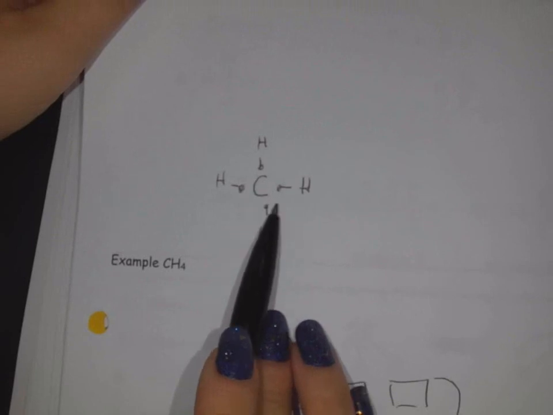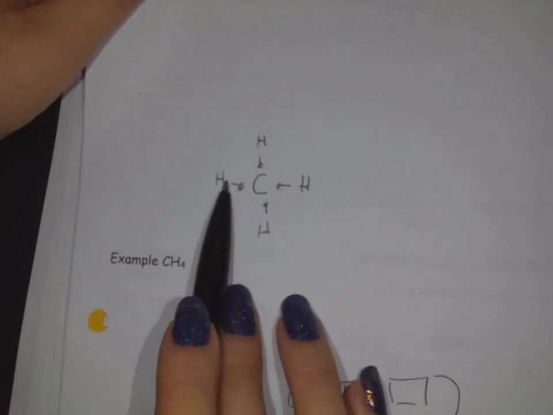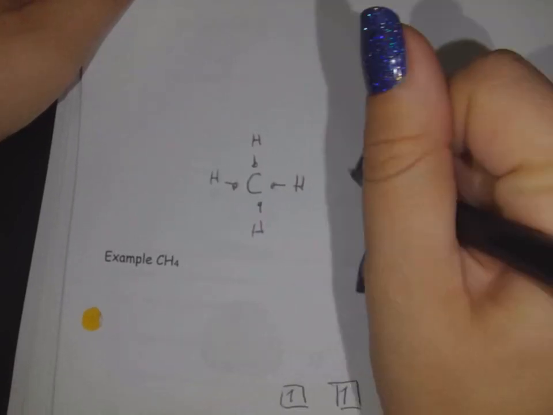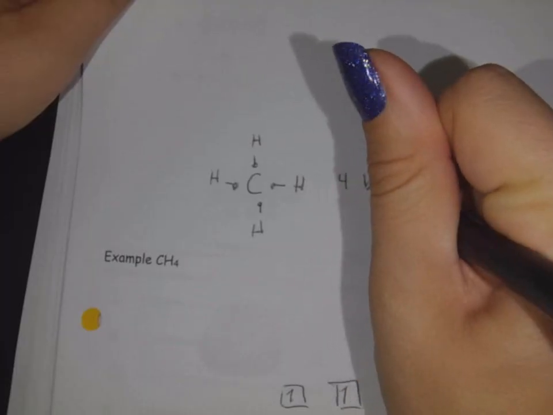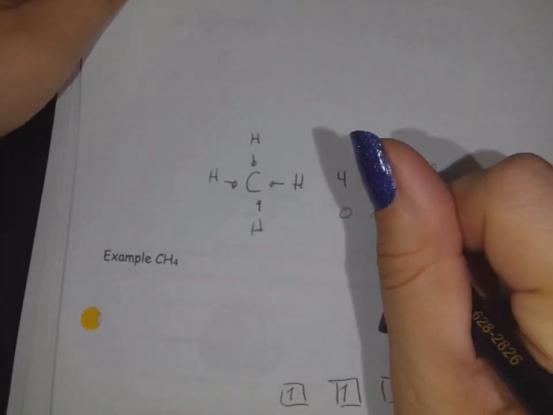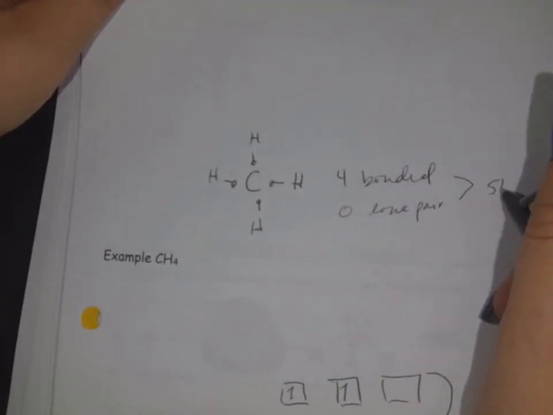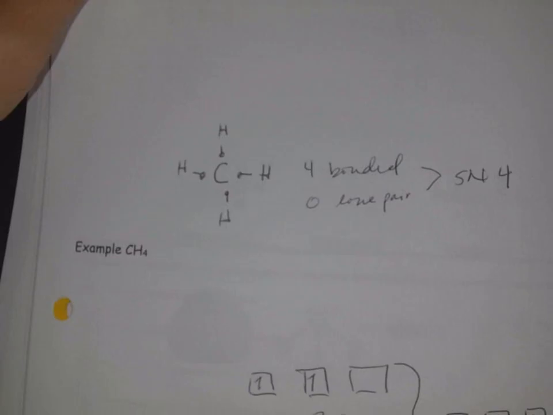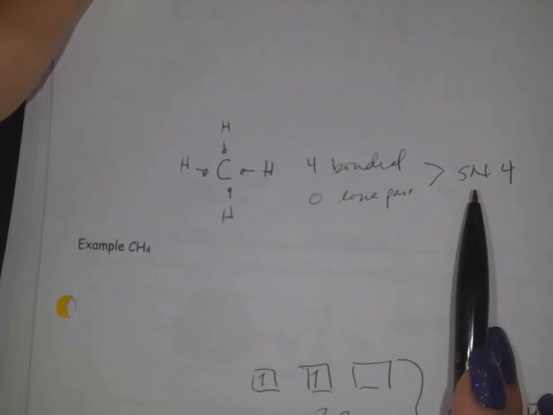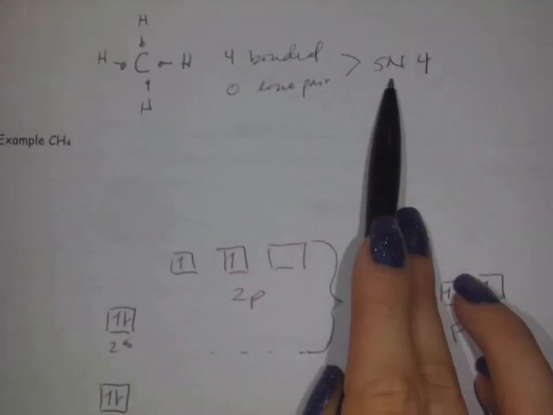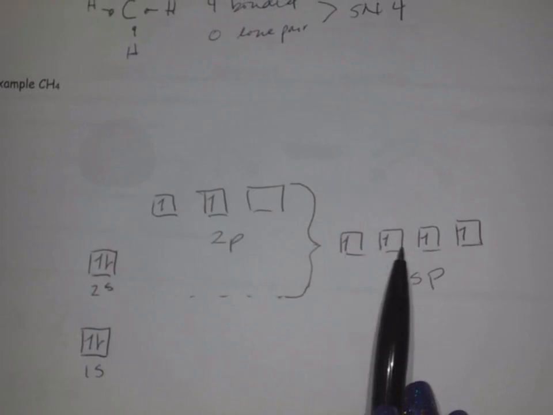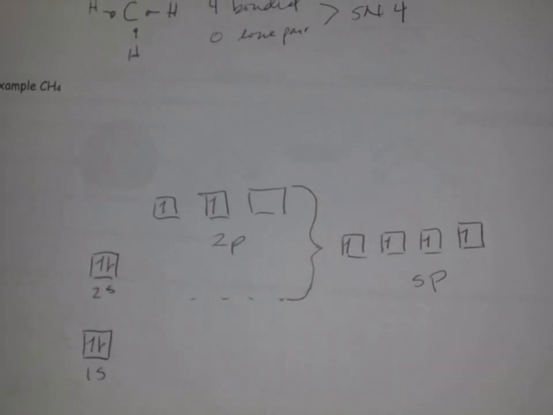Our central atom has 1, 2, 3, 4 bonded atoms. Off of the center, we have 0 lone pairs. This would equal a steric number of 4. Whatever the steric number is, that's how many hybrid orbitals there are.